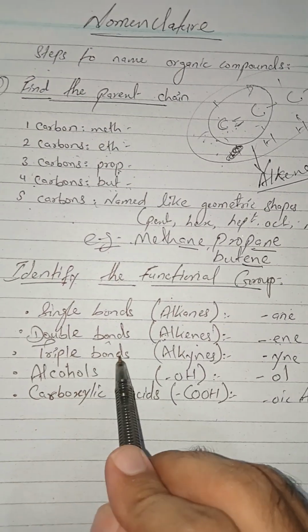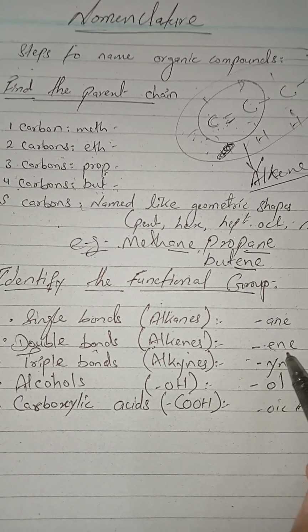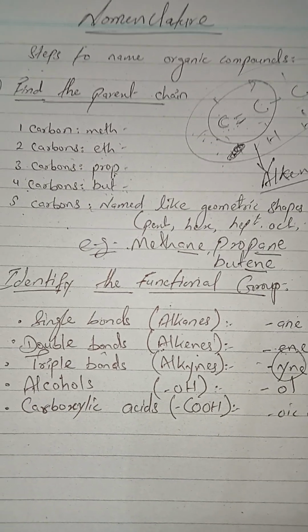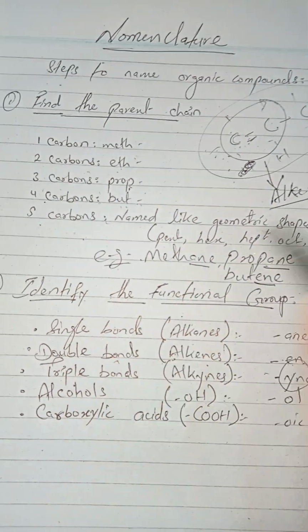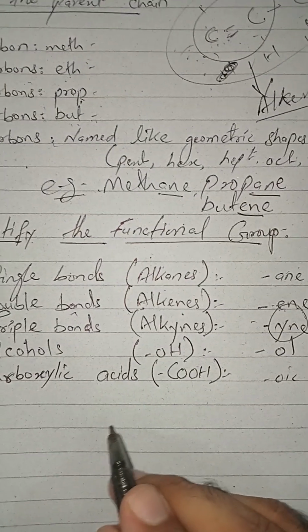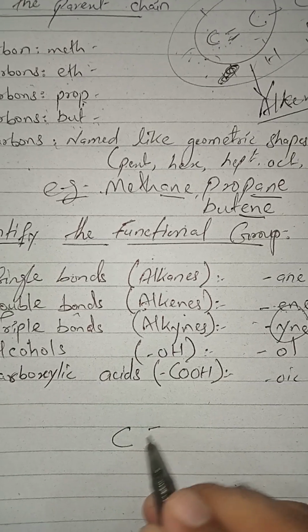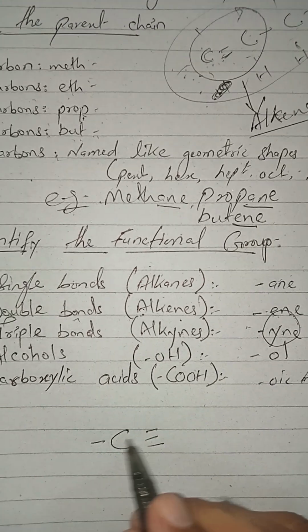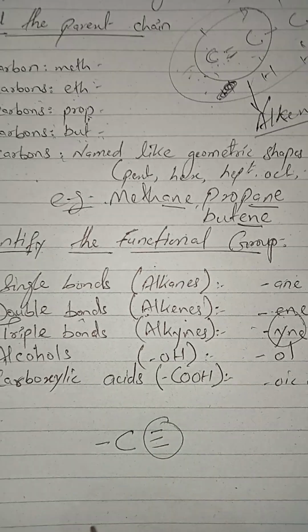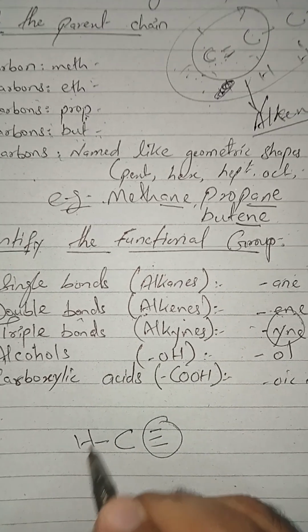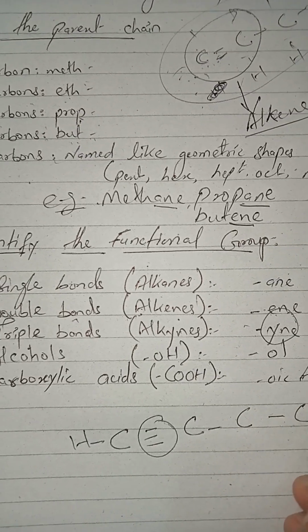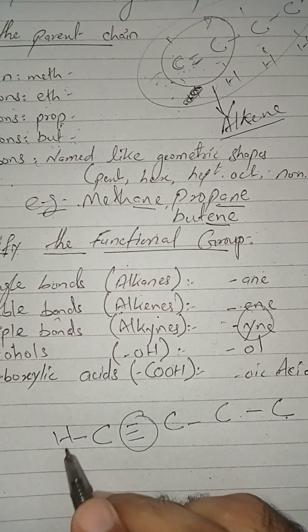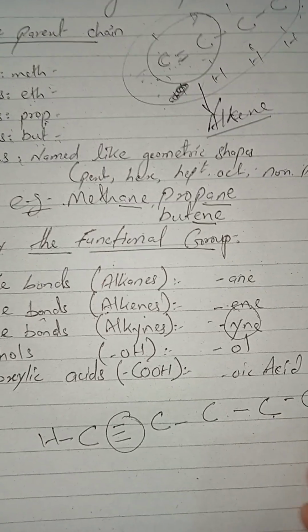The third example is the triple bond, alkyne. We mention "yne" at the end. For example, if we are taking five carbons, how will we write it? This carbon has three bonds, one hydrogen, and three bondings with another carbon. 1, 2, 3, 4, 5.